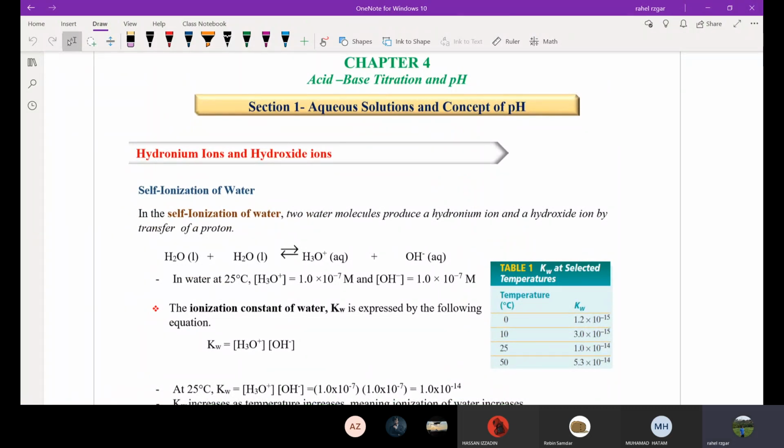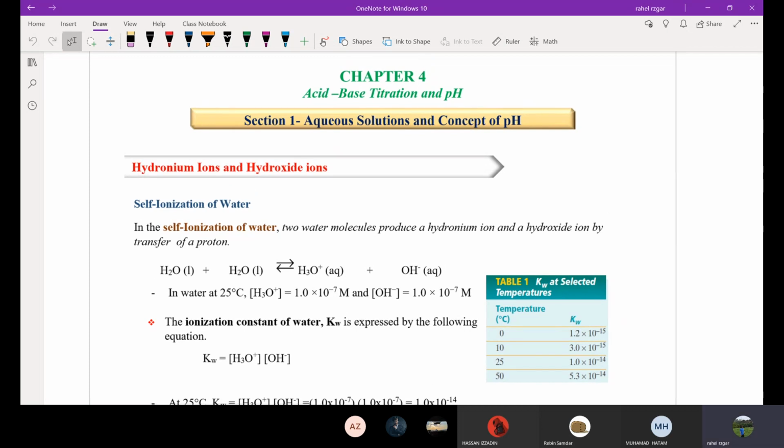A very small amount of electricity can be conducted, which we can neglect in certain places or in certain experiments. But in this chapter, now we have to be very careful about this one.